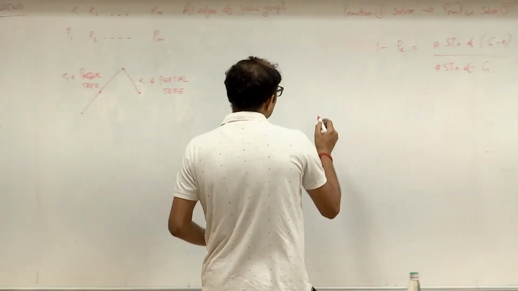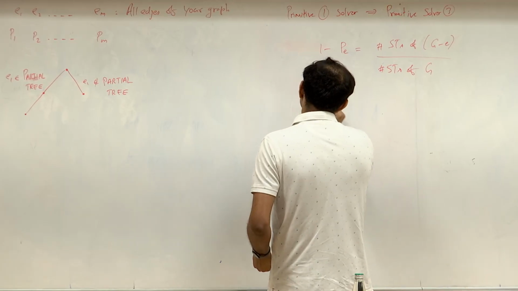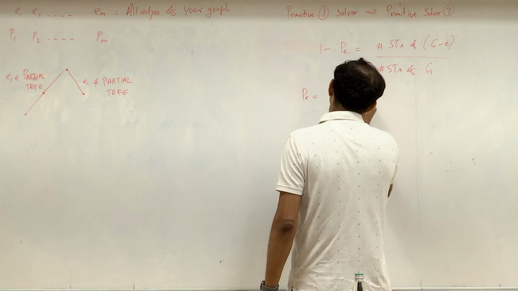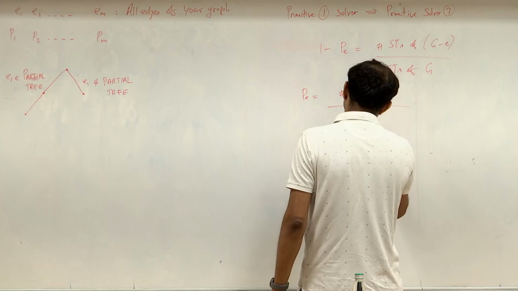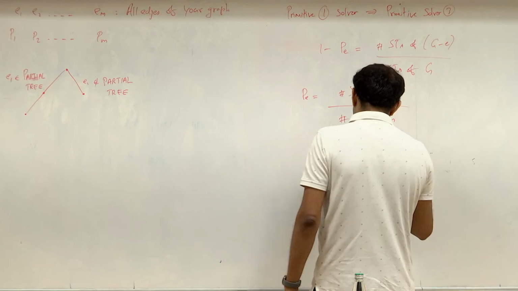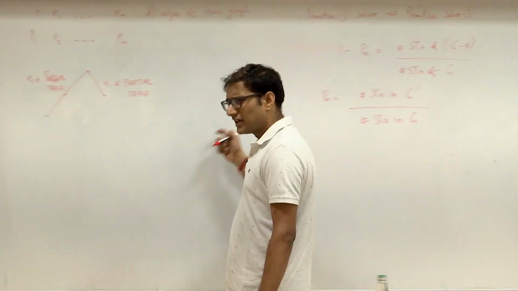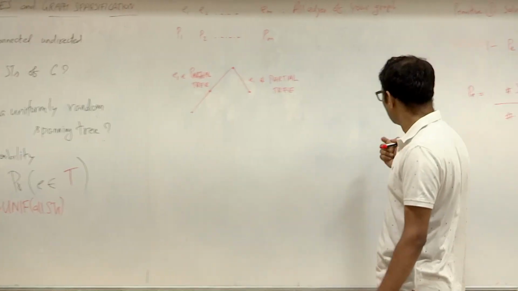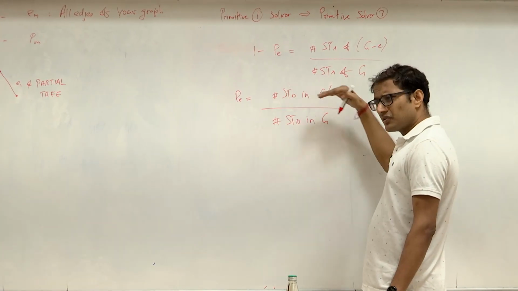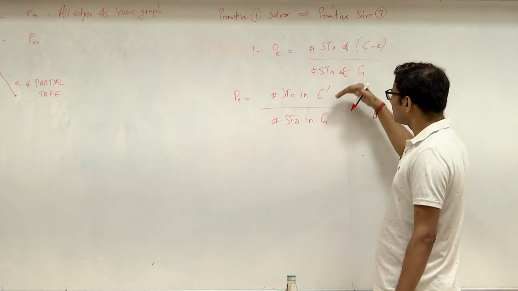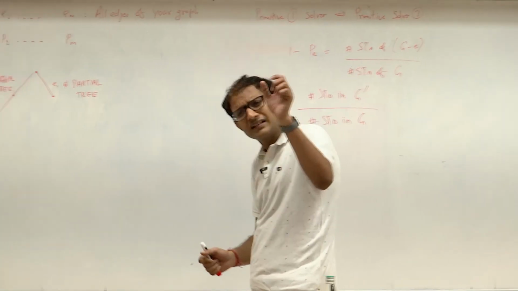So the question is that I want to write P_e as the ratio of the number of spanning trees in a graph G prime divided by the number of spanning trees in a graph G. I want P_e, the probability that this edge gets picked by a random spanning tree, to be a certain ratio. And I'm wondering if I could do this by looking at the number of spanning trees in a certain graph in the numerator. So what should this graph be? Right? So the idea is you can just contract this edge.